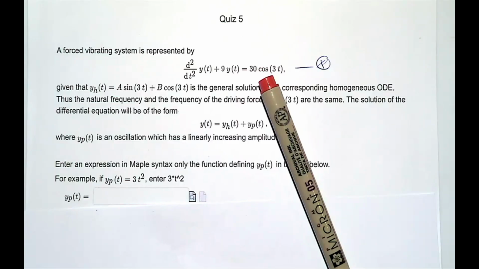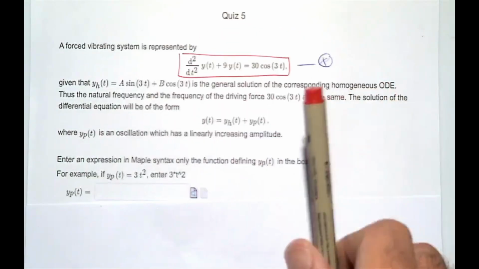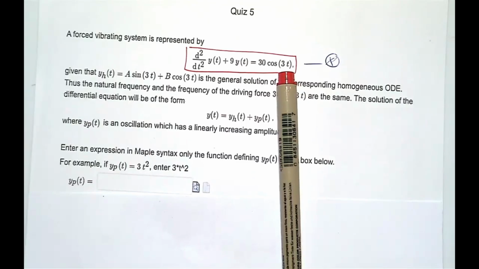So, what would you have to do to this equation to smash the right-hand side to 0 through differentiation? What's something you can do to make it 0?